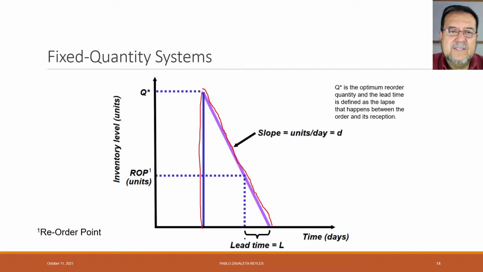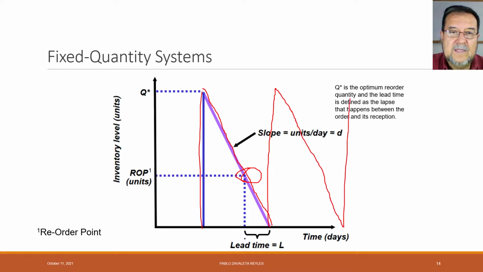And when we reach a certain point, here's the reorder point, we order immediately, so that by the time the lead time passes, we receive again, and the behavior repeats itself. But we always order a fixed quantity.